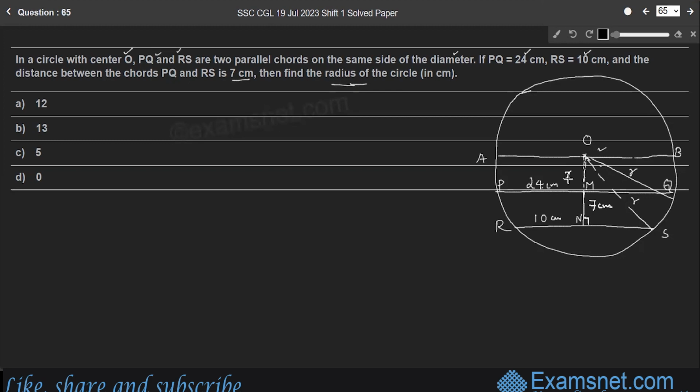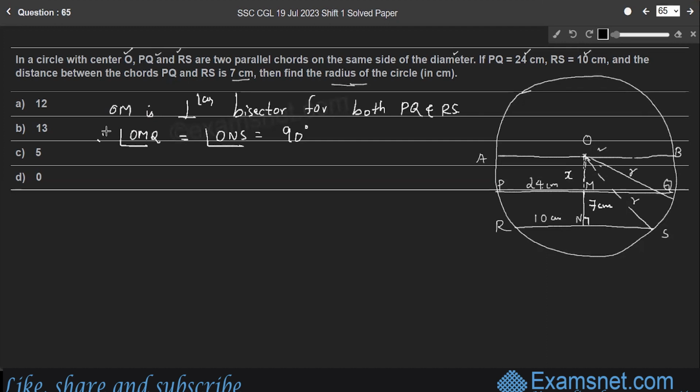So here OM is the perpendicular bisector for both the chords PQ and RS. Therefore, angle OMQ is equal to angle ONS is equal to 90 degree, since it is a perpendicular bisector. And we'll write the remaining data.